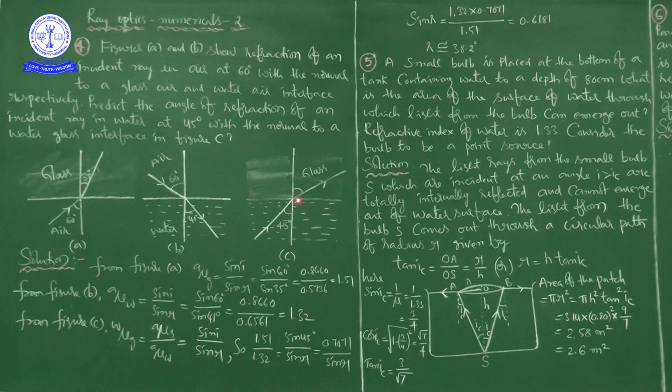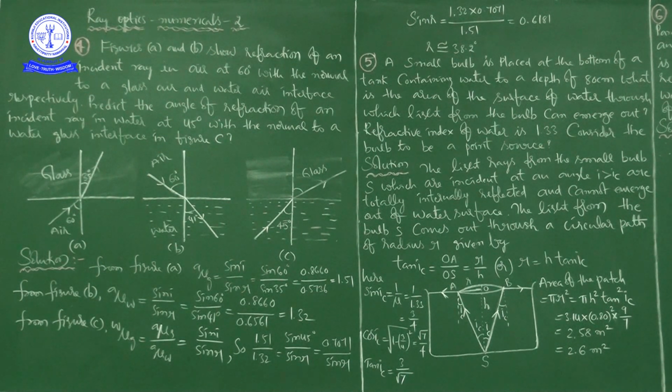To find this angle of refraction, they have given some data in figure A and figure B. By using this data and the concept of refraction, mostly Snell's law, that is the second law of refraction, we can solve it. You know the laws of refraction. The first law says the incident ray, refracted ray and normal must lie in the same plane.